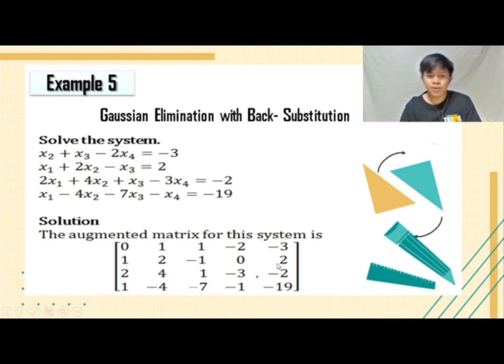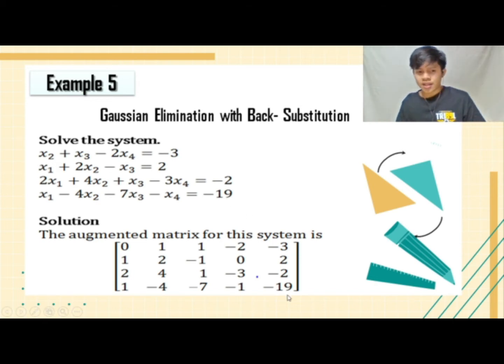Please follow the mouse or arrow that you see on the screen. The last one is x sub 1 is equal to 1, minus 4x sub 2 is equal to negative 4, negative 7 is equal to negative 7, minus x sub 4 is equal to negative 1, is equal to negative 19.